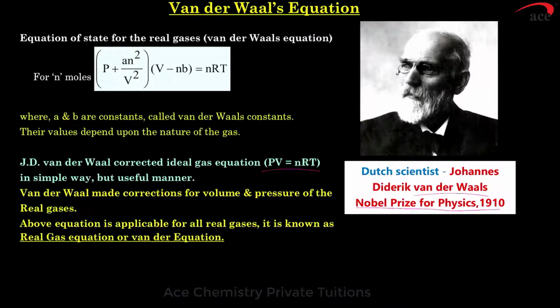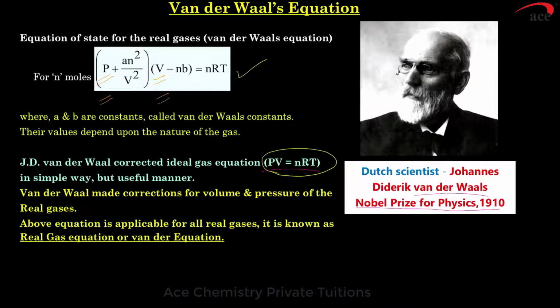which is now popularly known as the Van der Waals equation, where corrections were made to the ideal gas equation in terms of pressure and in terms of volume.